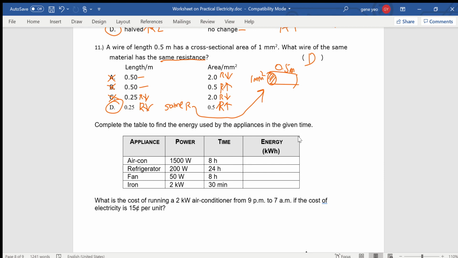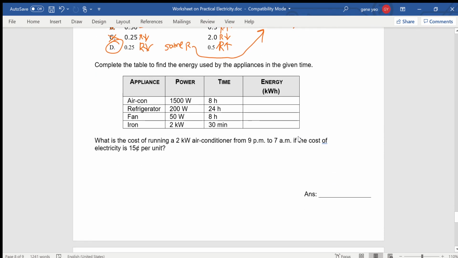Okay, so now next, complete the table to find the energy used. So given is the power and the time, and they want the energy to be in kilowatt hour. So I first have to change this to kilowatt.